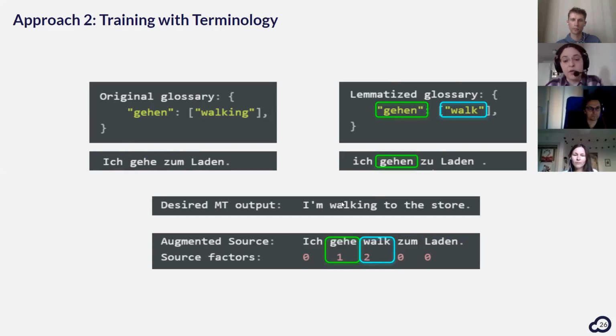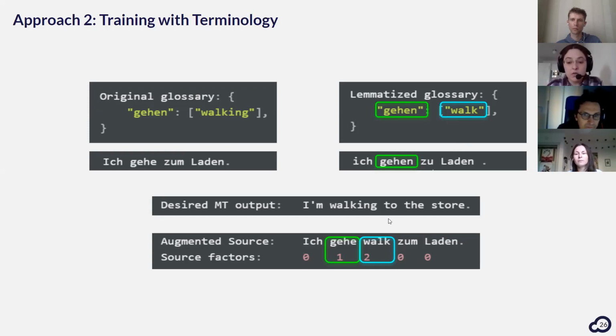The desired output, though, is I'm walking to the store, because in our glossary we have gehen being mapped to walk. So we lemmatize the whole thing. We make a match on the lemmatized source words, and now we know that walk is the target term that we want to provide the model as guidance to use.